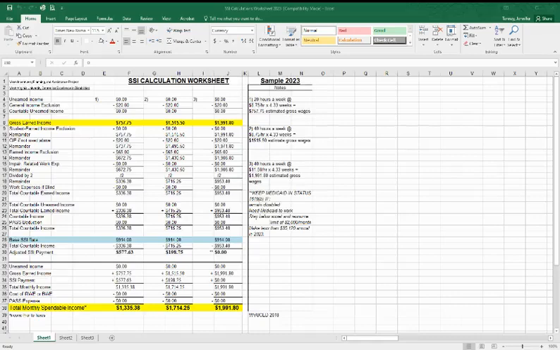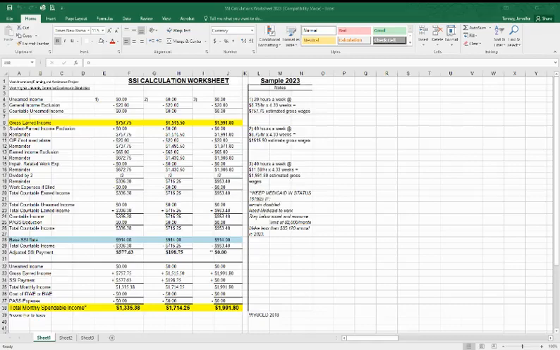If you receive SSDI, remember that somebody has worked in the past and has paid into the system, so you're either the disabled individual, a disabled adult child, or a disabled widow or widower, and you are either in your trial work period, your extended period of eligibility, or beyond that point.